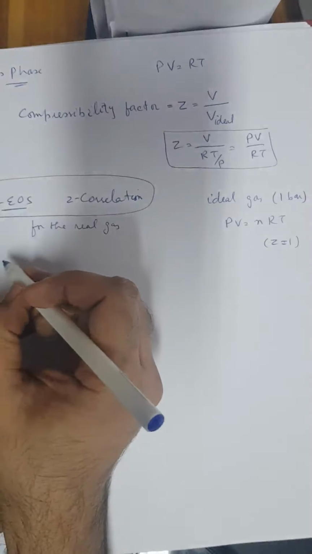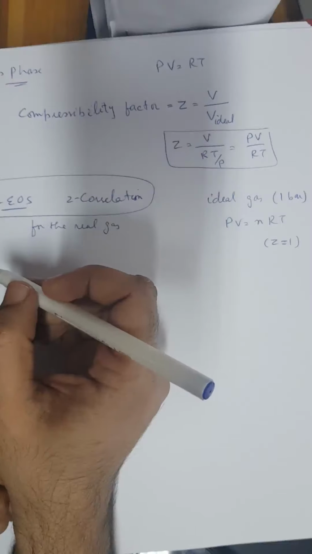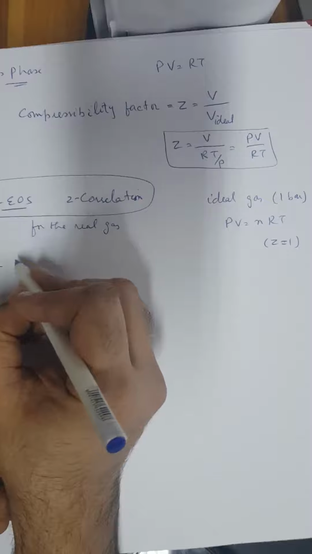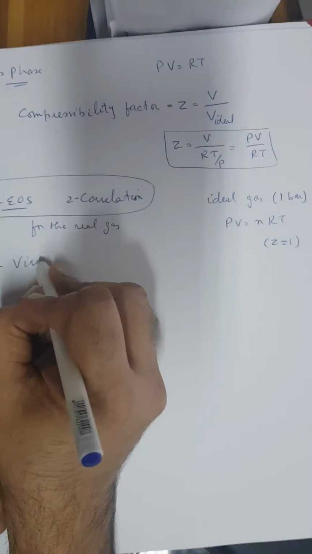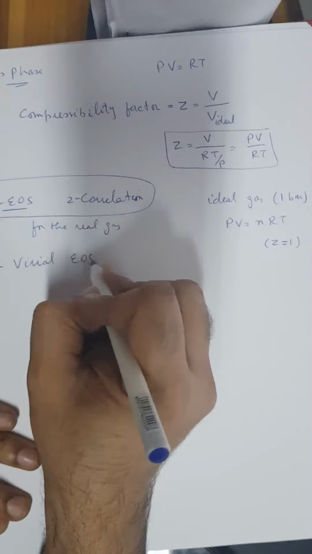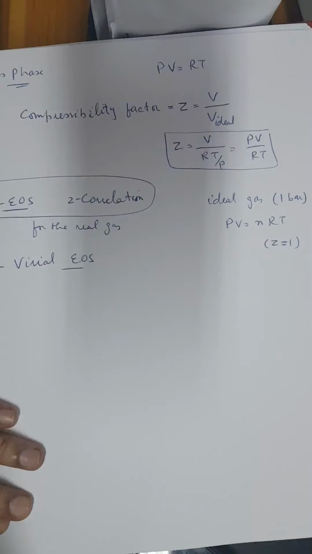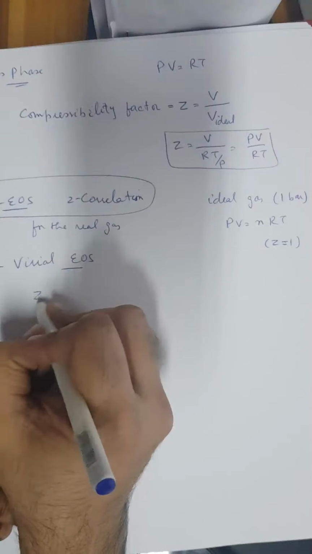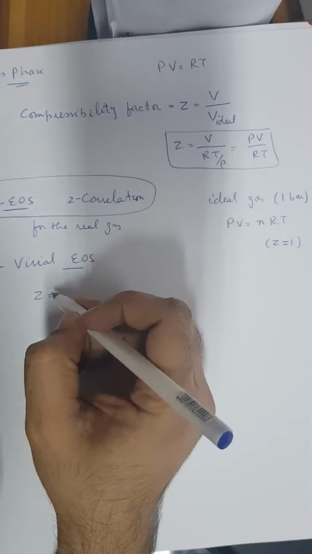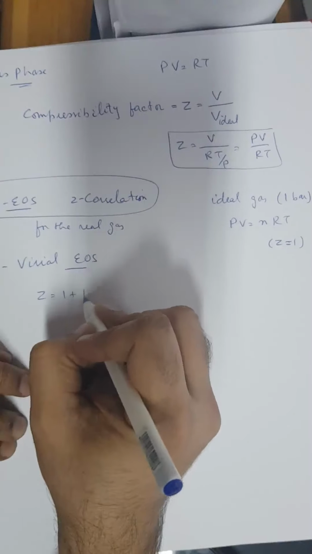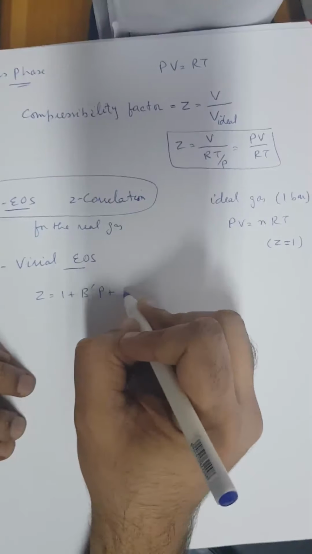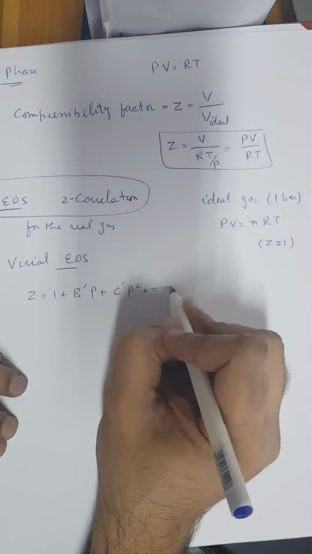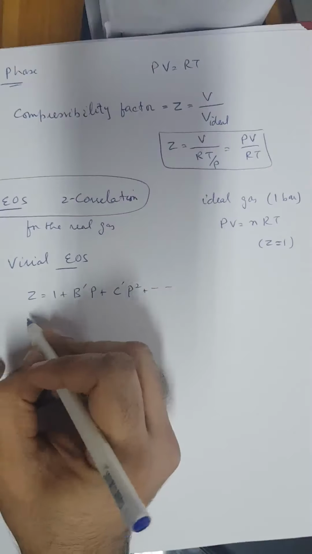So we have two equations of state. The first equation of state is called the virial equation of state. The virial equation of state has many forms, like Z equals 1 plus B'P plus C'P squared, and so on, and D and so on.